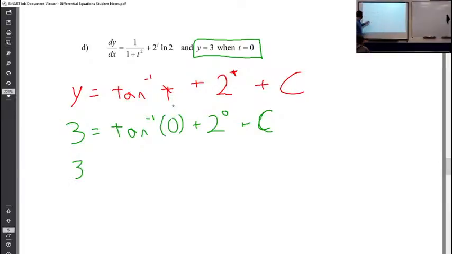Inverse tangent of 0. Well, what angle is going to have a tangent of 0? Oh, it's 0. 2 to the 0, it's 1. So this is 1 plus c equals 3, so that means c equals 2.